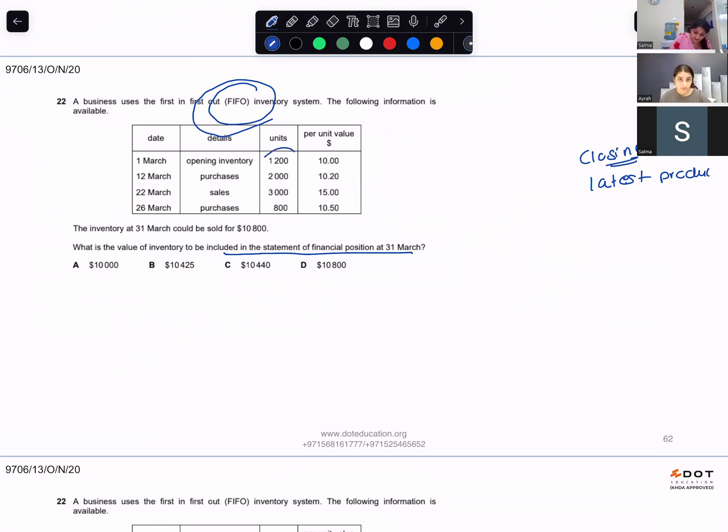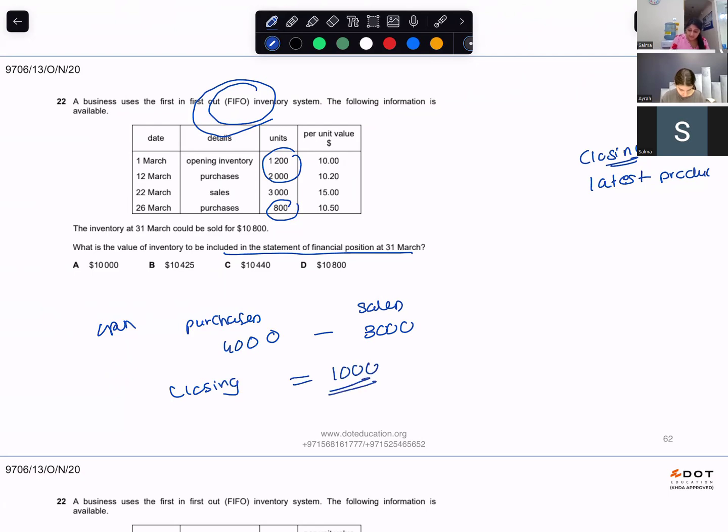What is the inventory that you had? 1,200 plus 2,000 plus 800 becomes 4,000. And sales is 3,000. So closing inventory will be 1,000, out of the latest production.